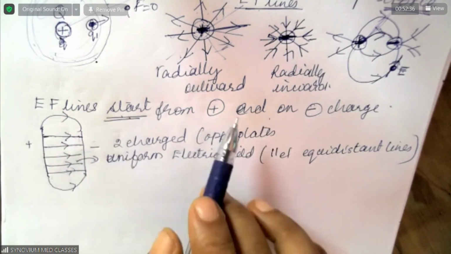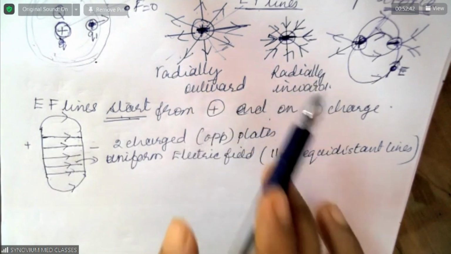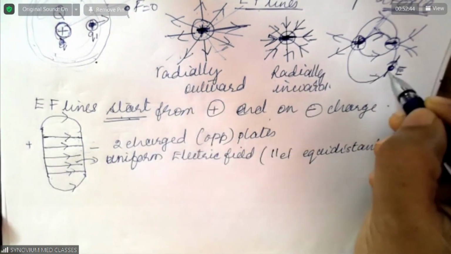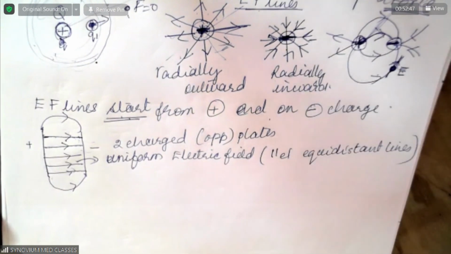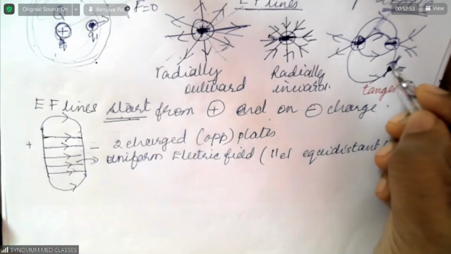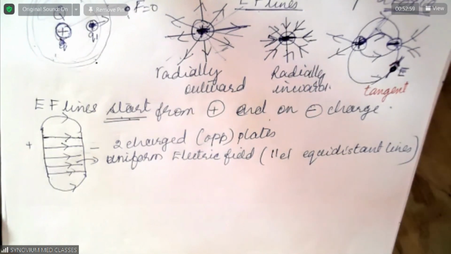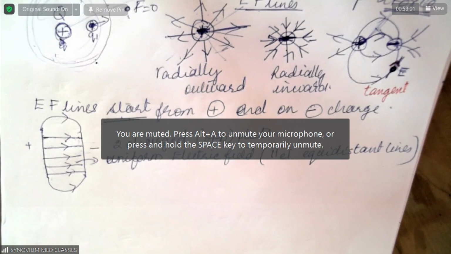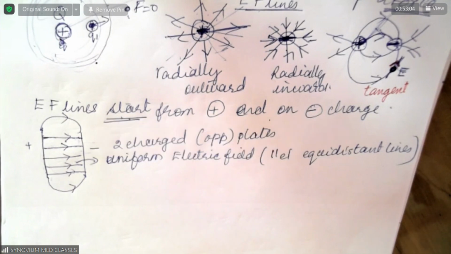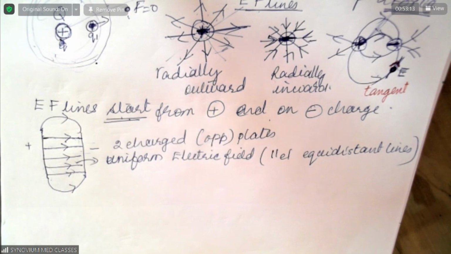It shows the path of a unit positive charge when moved around a charge or system of charges, and the tangent at any point gives the direction of the electric field at that point.